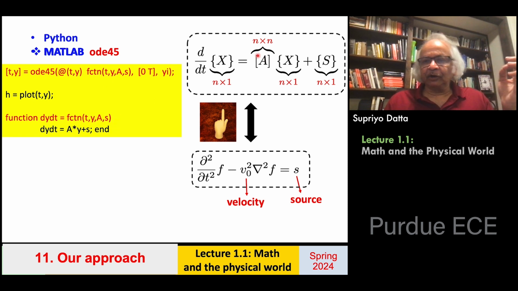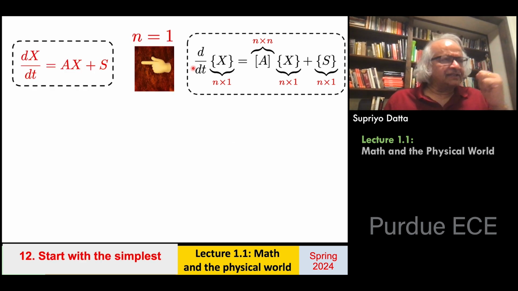And it doesn't matter what the size of this matrix is, or what the size of the column vector is. The equations look basically the same. So it's relatively easy to do this, right? Which is why it's convenient to use this first and get a solution, and then go ahead and try to understand it. So let's start with the simplest case where n is equal to 1.